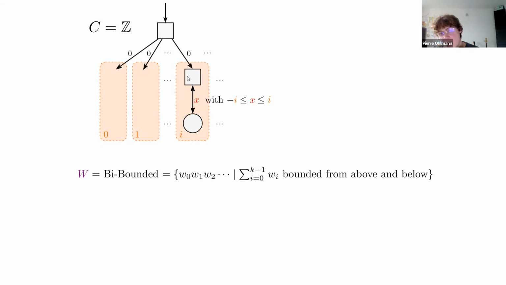Then we play in rounds where in each round, the opponent chooses a weight between minus the bound and the bound, and then we can answer with a weight within the bound also. Okay, that's the graph, that's the game. I will pause maybe, and see, so we want this thing to be bounded. Yes.